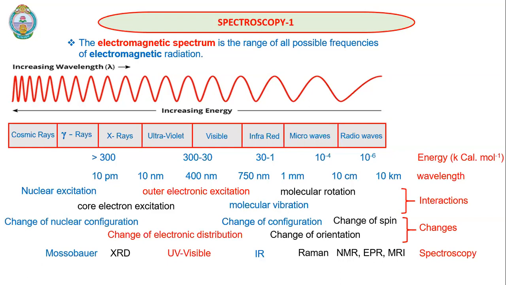But here, the difference between UV visible, X-ray, IR and Mössbauer is that in all other spectroscopic techniques, we have light sources in terms of bulbs or filaments which emit that particular radiation.